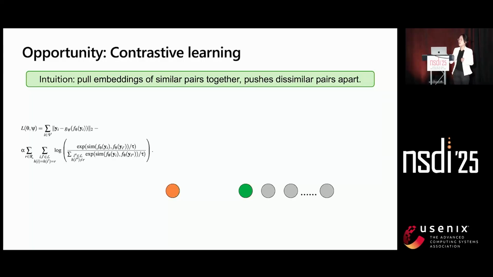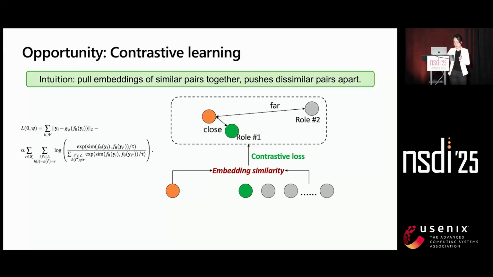Let's say we want to find out the role of this orange node. With the existing nodes, we will first have their embeddings, and then we calculate their similarity and put them together. After that, the contrastive loss will try to push the orange node to be closer to the row it is the same as, and farther from the other rows.